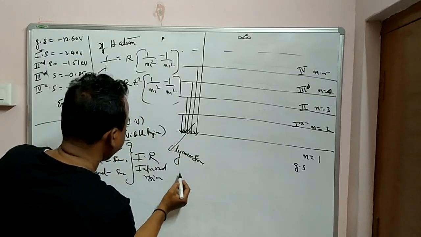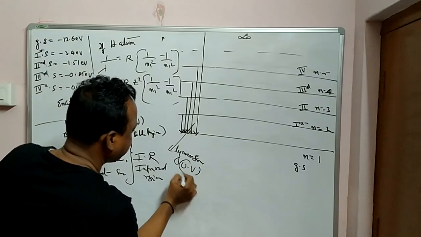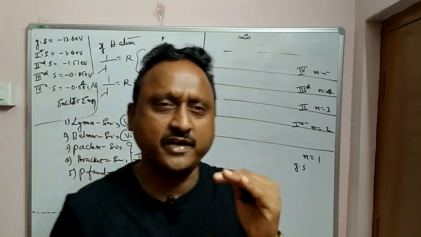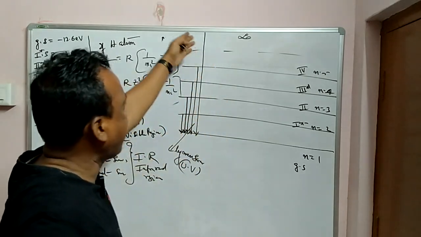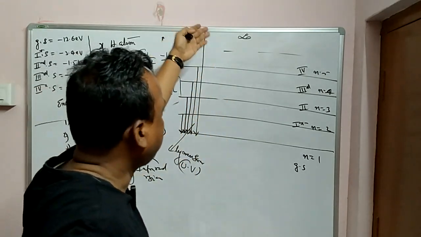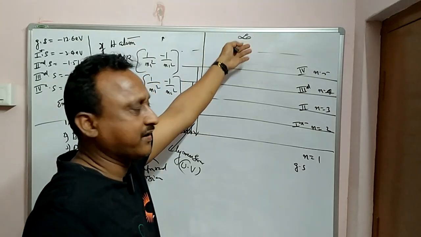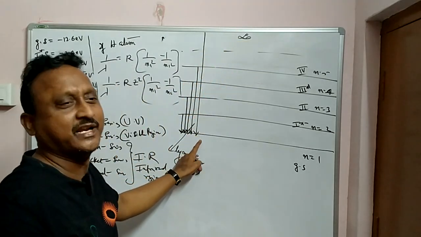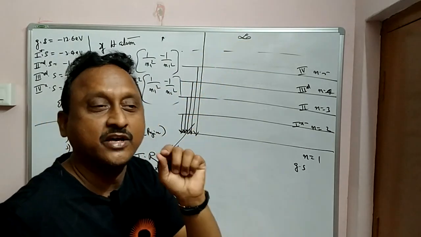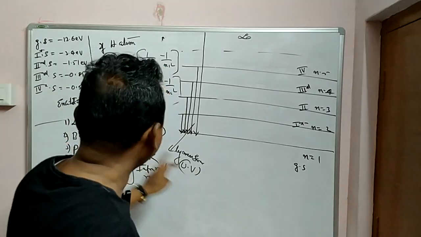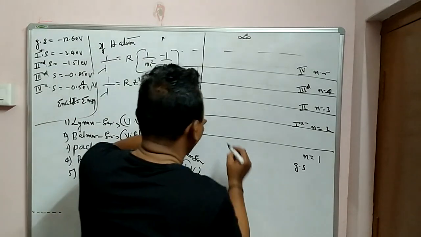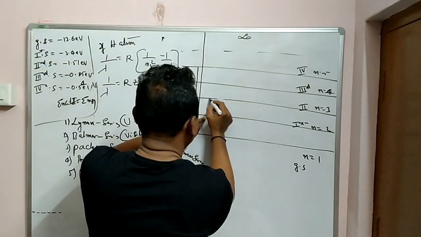And this is in which region? Ultraviolet region. So according to this scientist, whichever line is coming from infinity or from 5th excited or 11th or whatever, it has to reach the first one only, n is equal to 1, ground state. That series is Lyman.